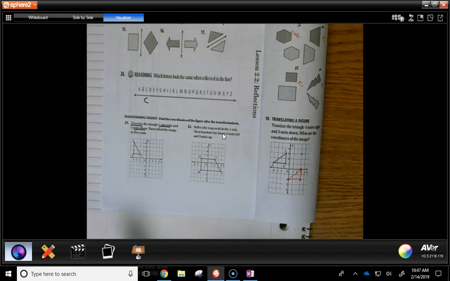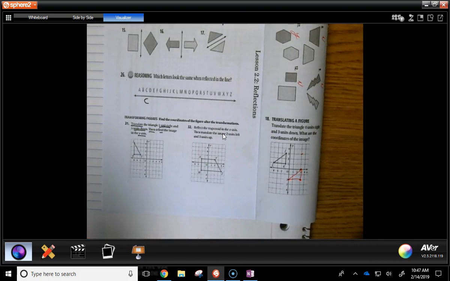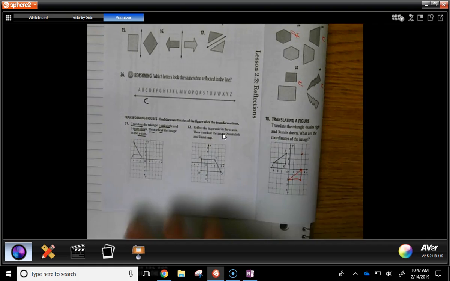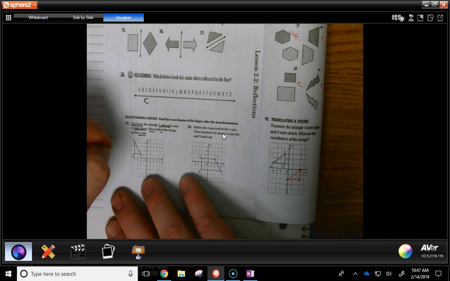I expect you to draw that triangle. Then reflect on the y-axis. Then you have to reflect it. Your last answer, that's some of the work. You're not even done yet. The last thing I need is I need to know what are the coordinates for S, R, and T.